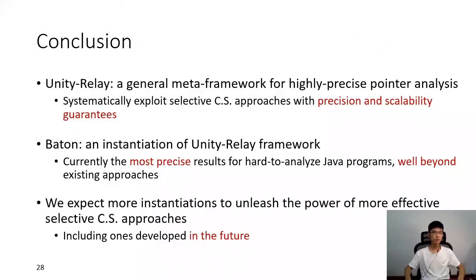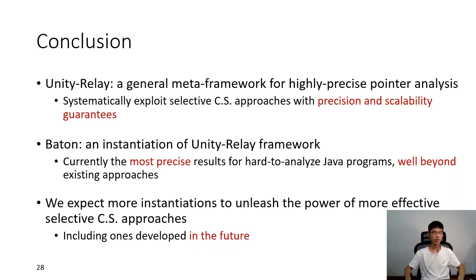In this work, we propose unity relay, a general meta framework for producing highly precise pointer analysis for hard-to-analyze Java programs. Unity relay systematically exploits selective CS approaches with precision and scalability guarantees. We designed Baton, an instantiation of unity relay framework.